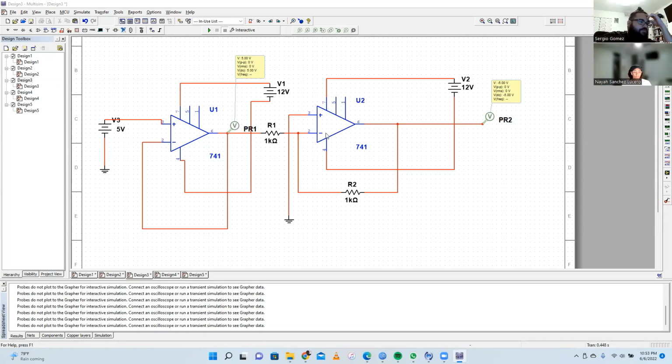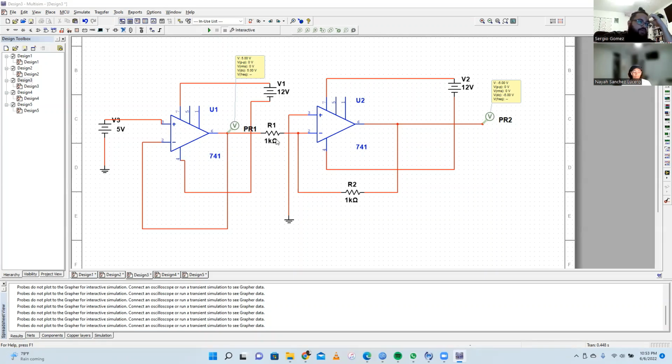But now going into the second one, we have an inverting amplifier since it changes the input voltage to an output voltage, and that gain is simply negative R sub 2 divided by R sub 1. So for our first case, with our input voltage of 5 volts, we see V sub O1 as equal to 5 volts as assumed, since that would be the input output with no resistance changes, no gains.